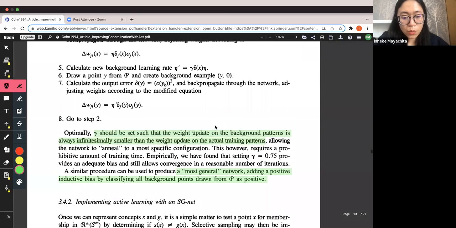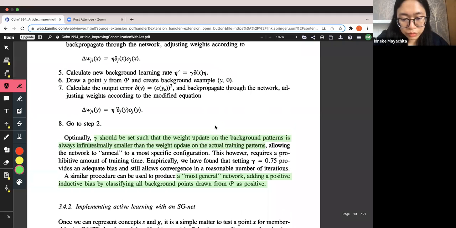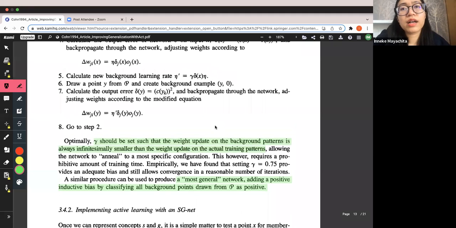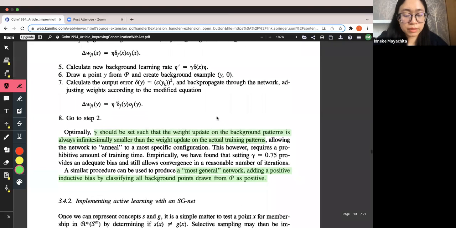We want to classify the sample points from the distribution as positive instead of negative. That way, we will end up with an area that is larger and covers more examples, like we will maximize the recall. Well, in the subset, we'll maximize the precision.